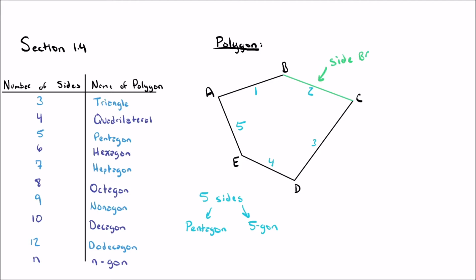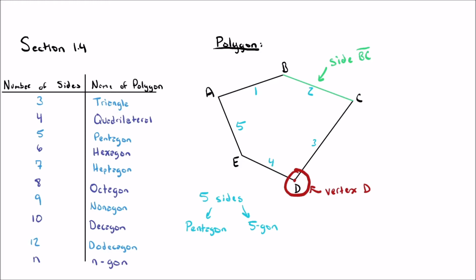So if you want to reference a certain side of a polygon, you call it the segment of those two vertices. And where two sides meet, we form what is called a vertex. So this point right here would be vertex D.